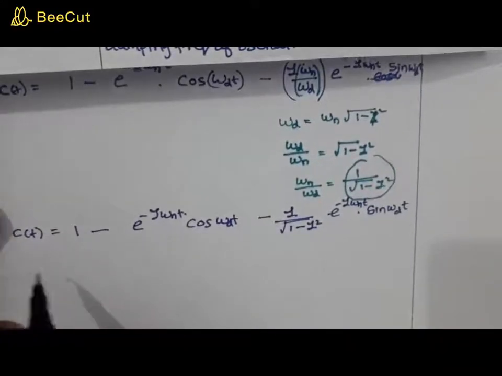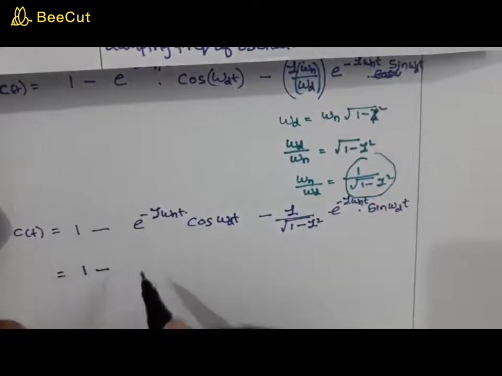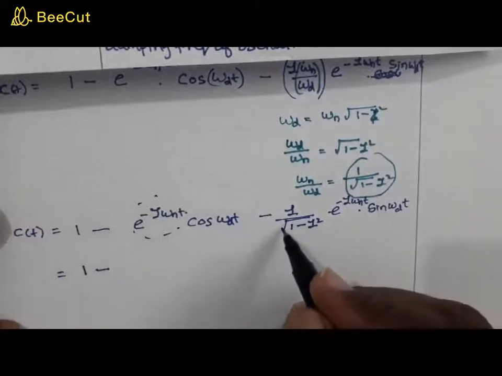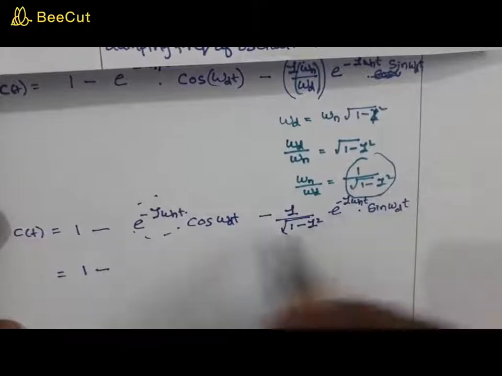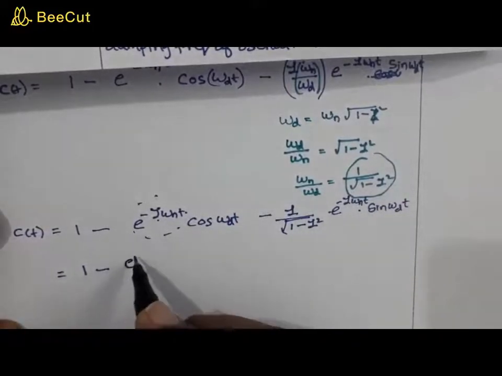Now what you can do in the next step is 1 minus, you are taking this e raised to minus theta omega n t and this root of 1 minus theta square common. Okay, so you have an e raised to minus theta omega n t on both terms.